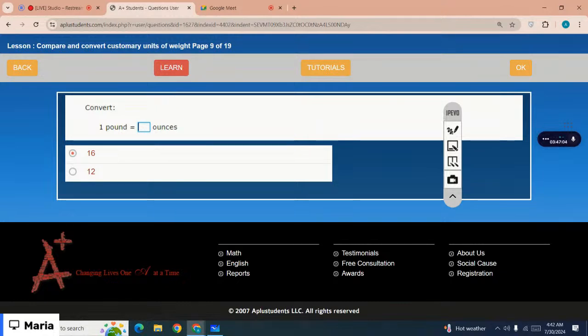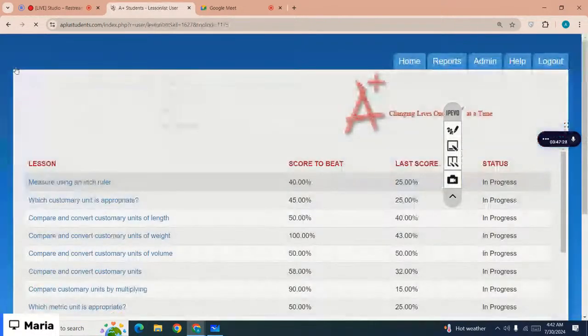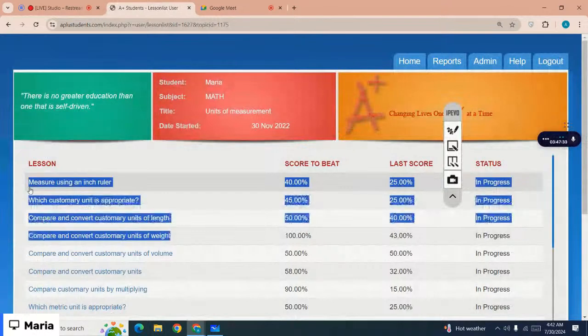So we were working on math. The chapter we were working on is units of measurement, and the lessons we have covered today are: measure using, compare and convert customary units of length, and compare and convert customary units of weight.